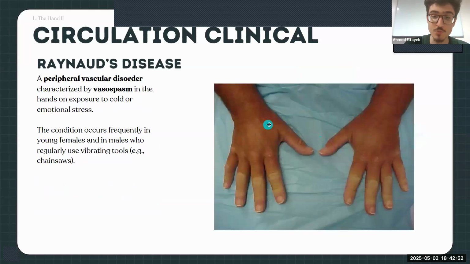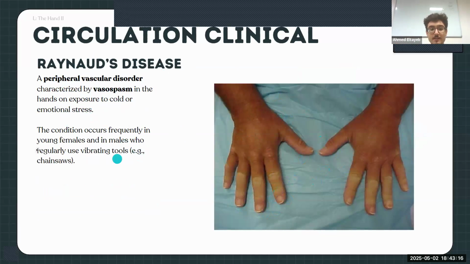The other condition, which is easier to see, is Raynaud's disease. Raynaud's disease is very relevant in your second and third year, not really in your current year. You're going to take it in MSI, and basically it's a peripheral vascular disorder characterized by vasospasms, due to cold or emotional stress.